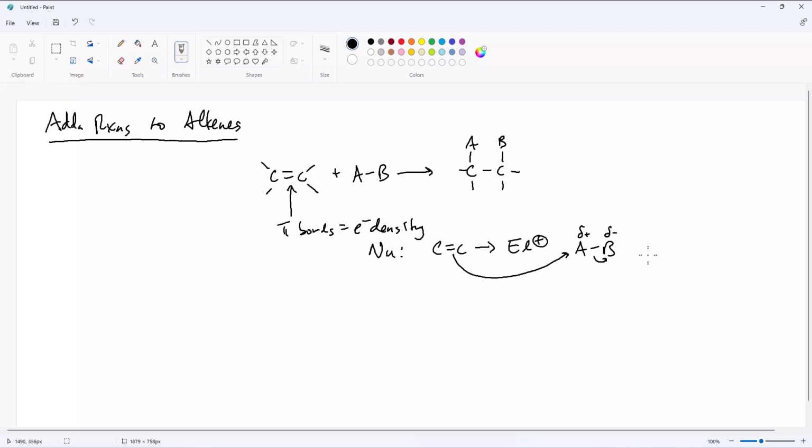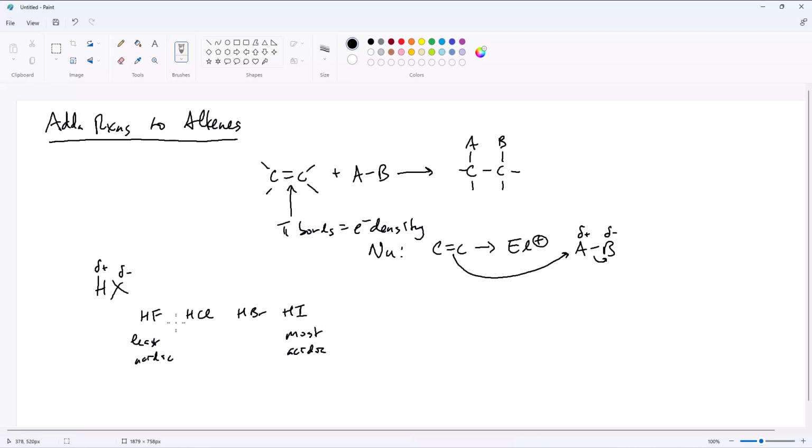One of the most common ways we can functionalize an alkene is with the addition of HX. So a mineral acid, something like HCl or HBr, where we have the delta positive on H and the delta minus on X. If we write the series HF, HCl, HBr, HI, what we see is that reactivity is going to trend with acidity, where HI is the most acidic and HF is the least acidic.